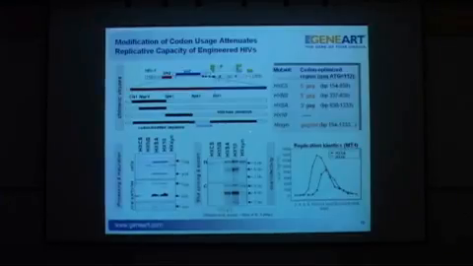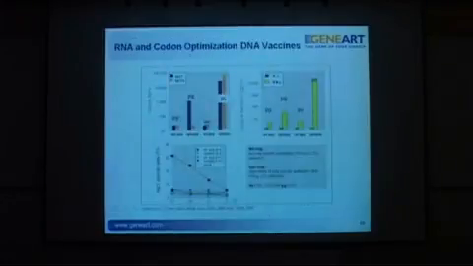You can also see that 3 out of 4 variants that we generated do not replicate at all in this system. So just by substituting the wild-type sequences by the codon-optimized sequences, we were able to abolish replication. There was only one mutant which was replicating with a significant delay and also to minor levels of infectious virus.